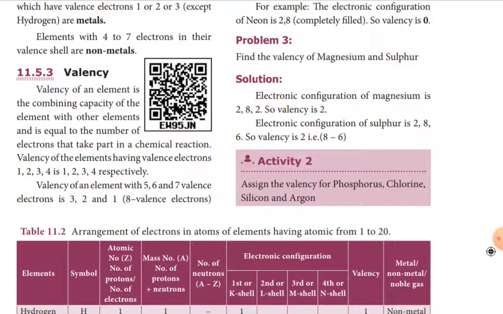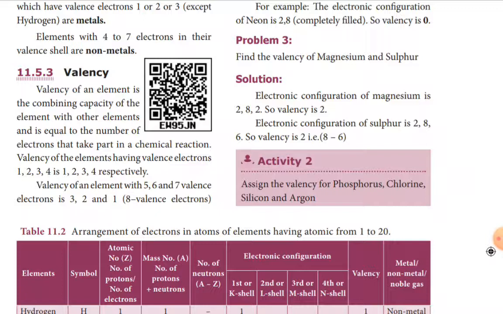Then argon. What is the symbol of argon? Ar, capital A, small r. And atomic number 18. At subscript you have to write atomic number 18. So you have to distribute these 18 electrons in the different shells, K shell, L shell, M shell. K shell 2 electrons, L shell 8 electrons, M shell 8 electrons, so 2, 8, 8.